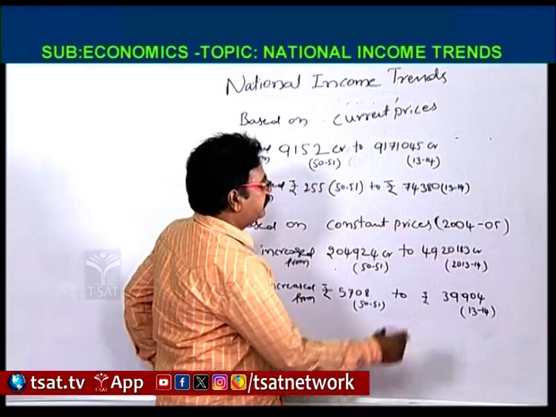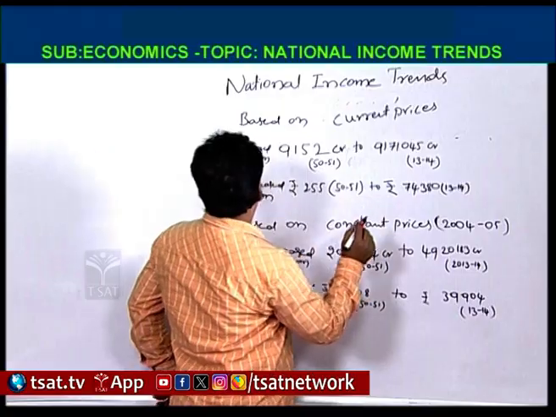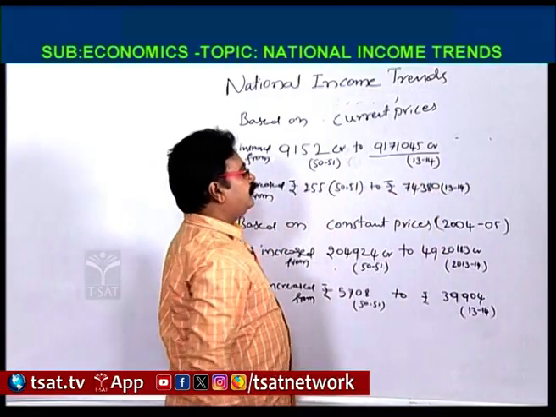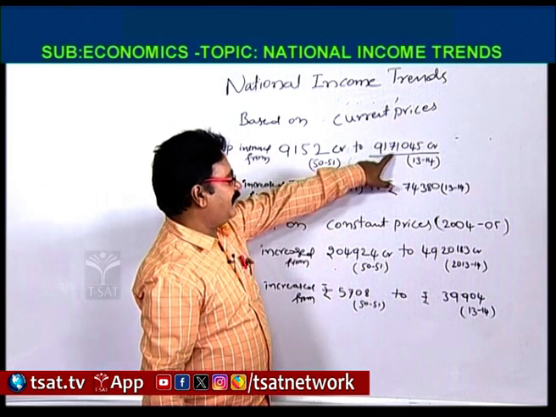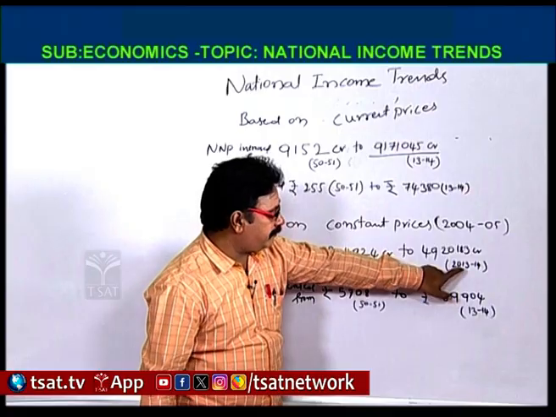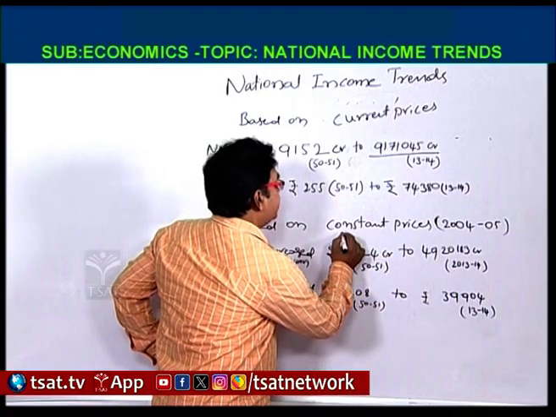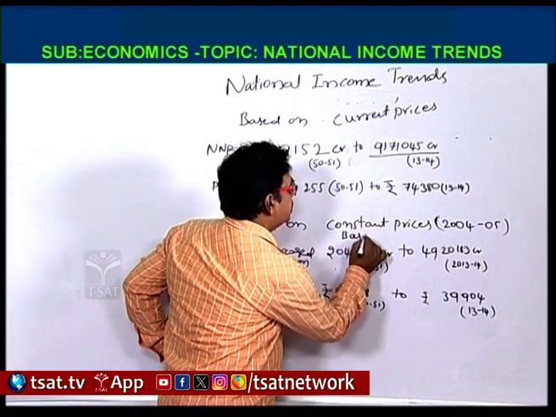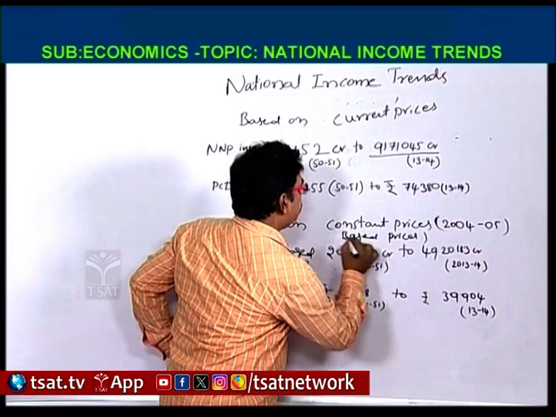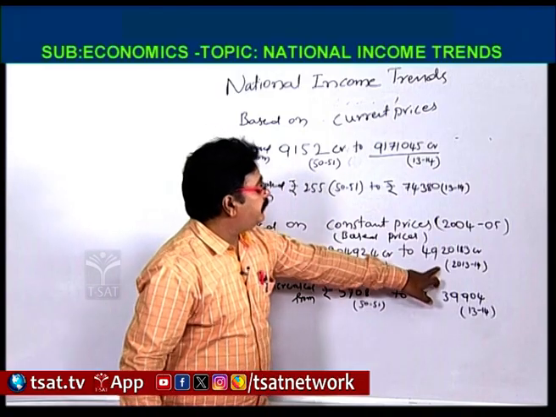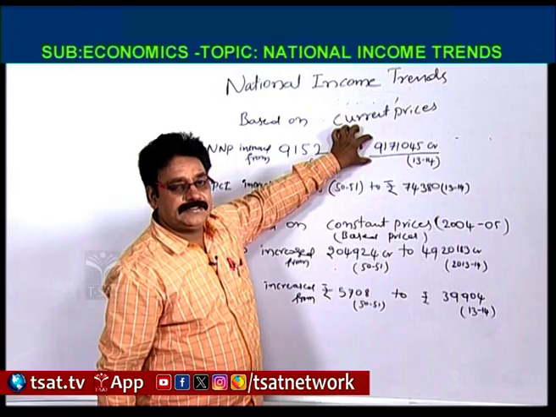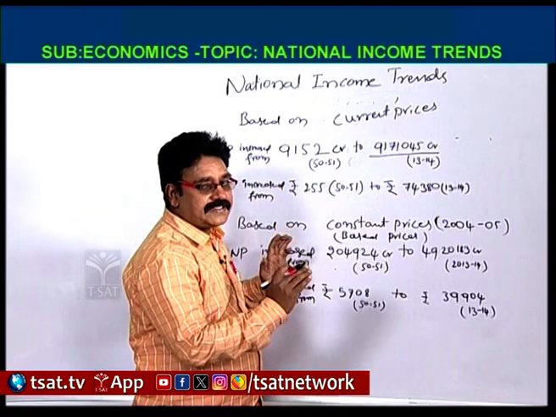Current prices NNP of 2013-14 is 91,71,000. Constant prices are also called base prices. According to base prices, it is 49 lakhs only. Observe this trend. Why are we discussing all this data?